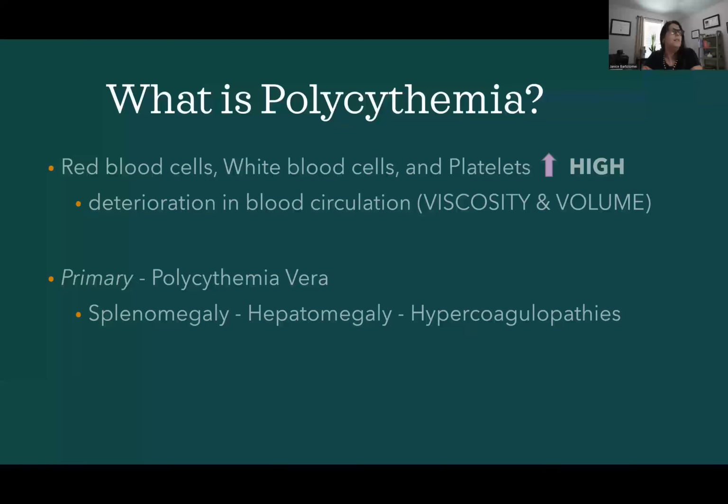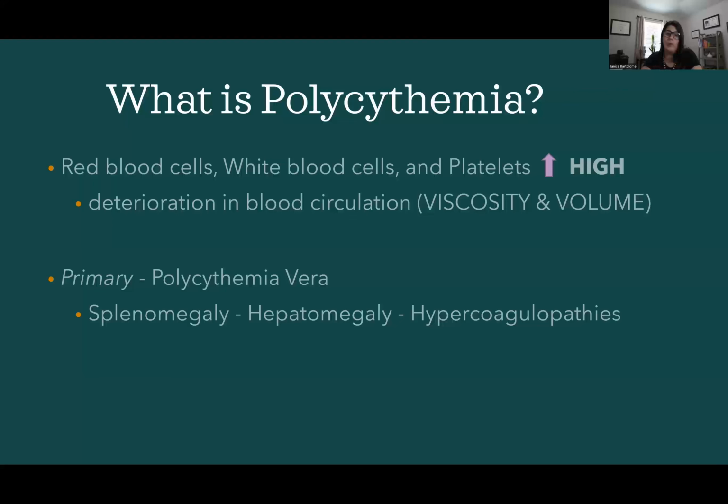Now, what happens if I have lots of red blood cells in my vessels? Not only that, but I have platelets and white blood cells. Yeah, it gets sticky. It gets viscous. Your volume is going to increase, and that's a problem because then you can collapse or deteriorate your blood circulation.